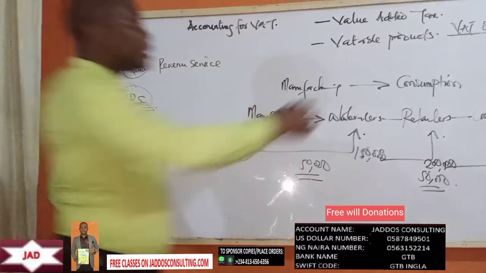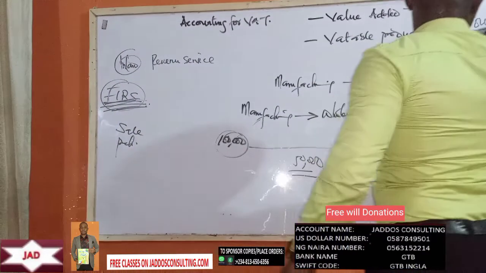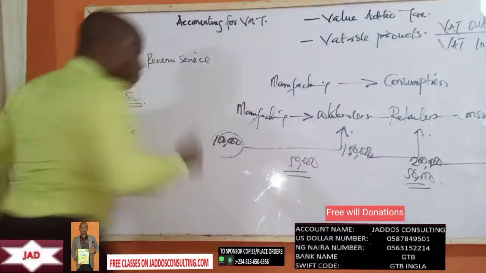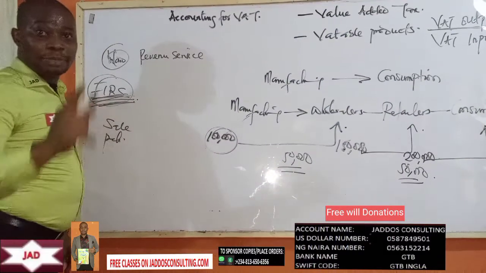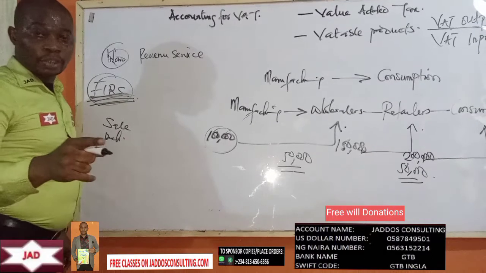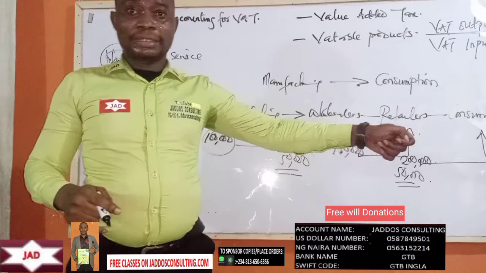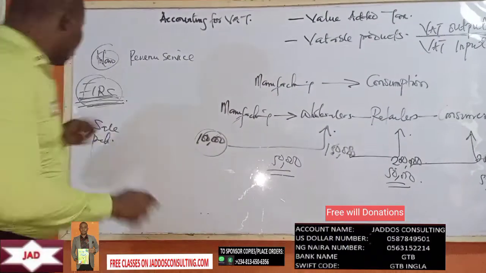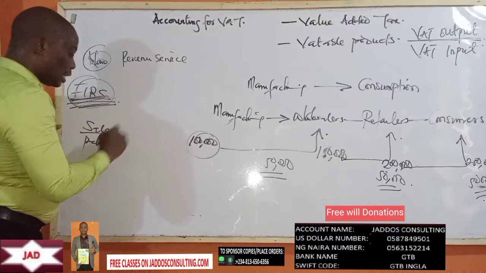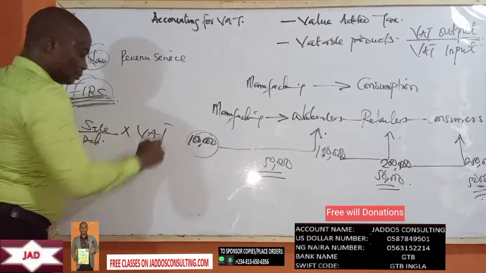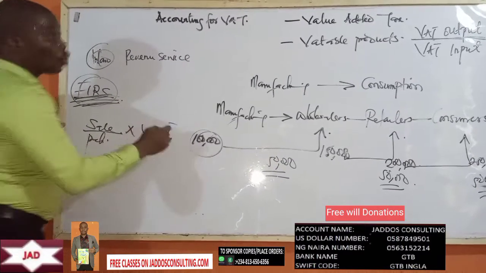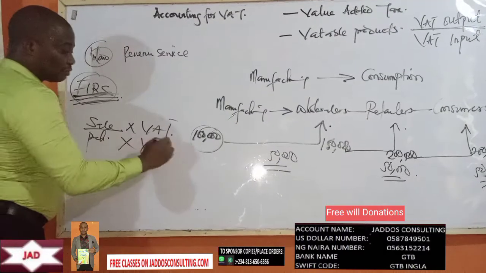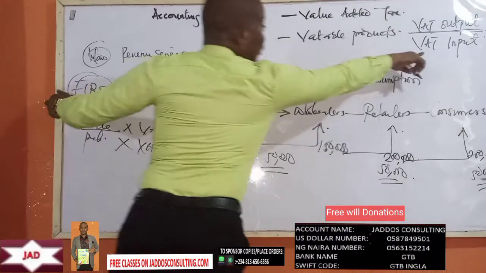That one, we'll call VAT input. So what we're saying is that at every point, there's a VAT application. Either you are paying the VAT or you are charging the VAT for collection. When you sell and apply VAT, we call it VAT output. When you purchase and apply VAT, we call it VAT input.